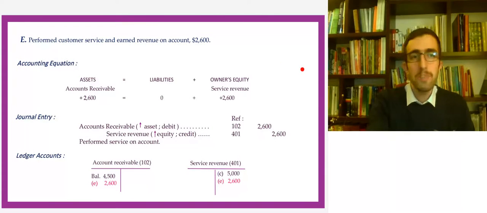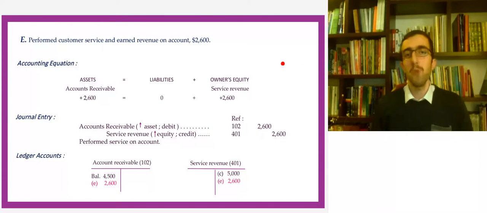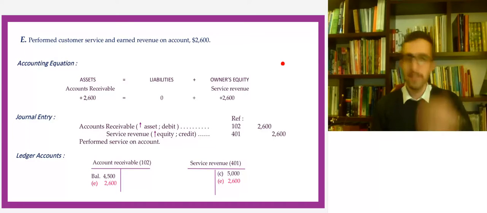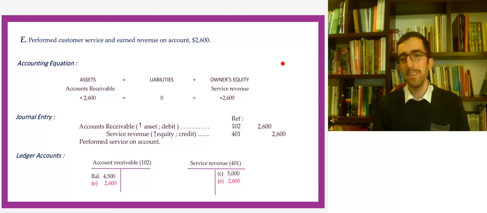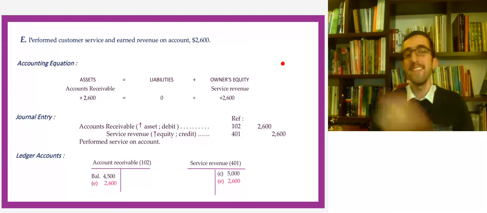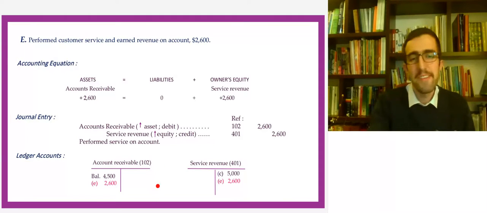The next one is performing customer service and earning revenue on account, $2,600. Our involved accounts here are accounts receivable and service revenue, because we still haven't received any money, we only performed the service. So accounts receivable $2,600 on the debit side and service revenue $2,600 on the credit side.